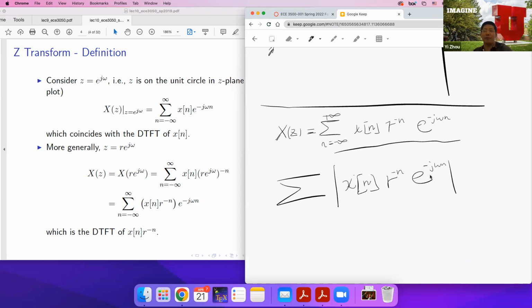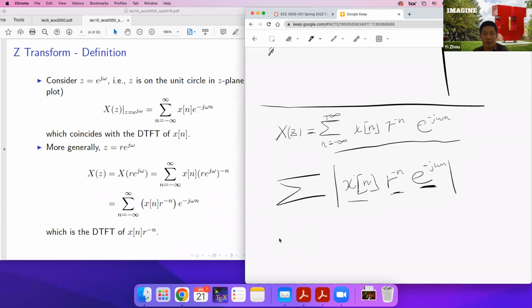And by the basic property of complex numbers, we know that the magnitude of a product of multiple complex numbers equals the product of their individual magnitudes.